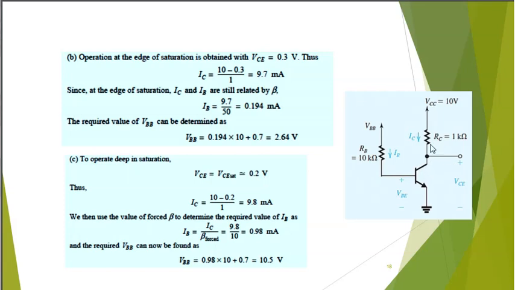Now I assume this is 0.2, then I will find IC again. In the situation that you are in the saturation, what you need to find is IC and beta forced. So in the active mode, you have to find IC and VCE. In saturation, you have to find IC and the beta forced.